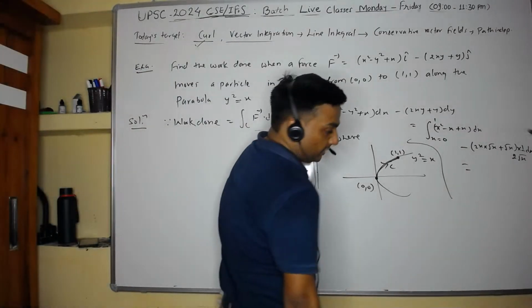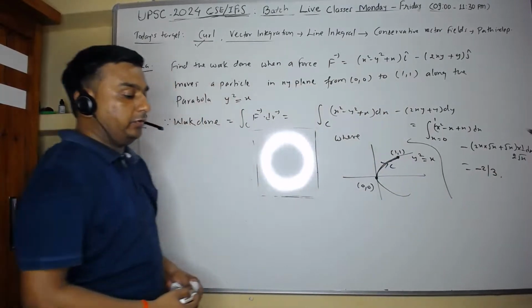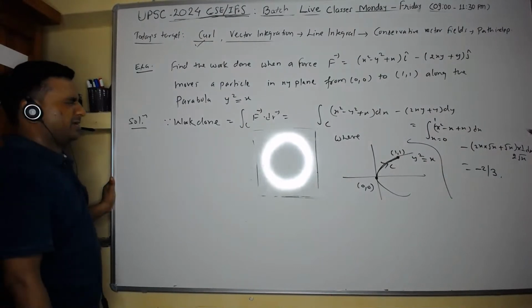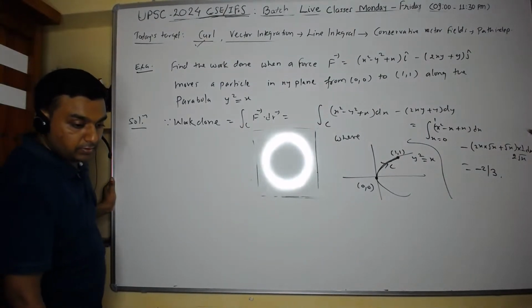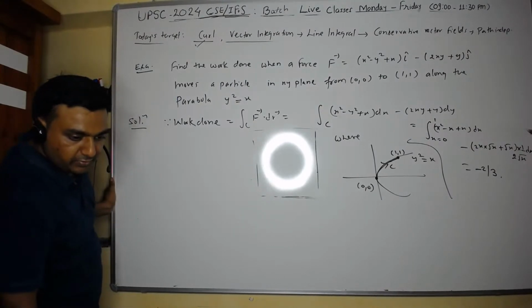Value is getting minus 2 by 3. Yes, that is the right value, Deepak. Is what you have commented, sir? The value of first quadrant is 0 to 5.